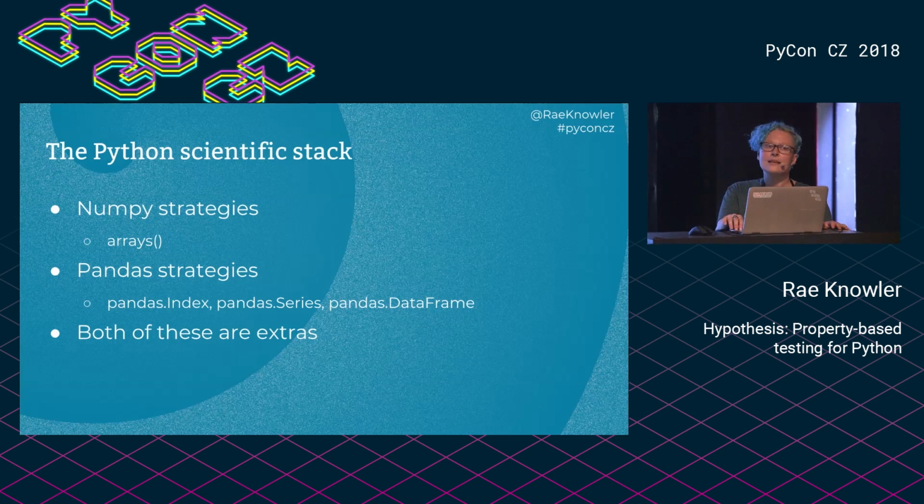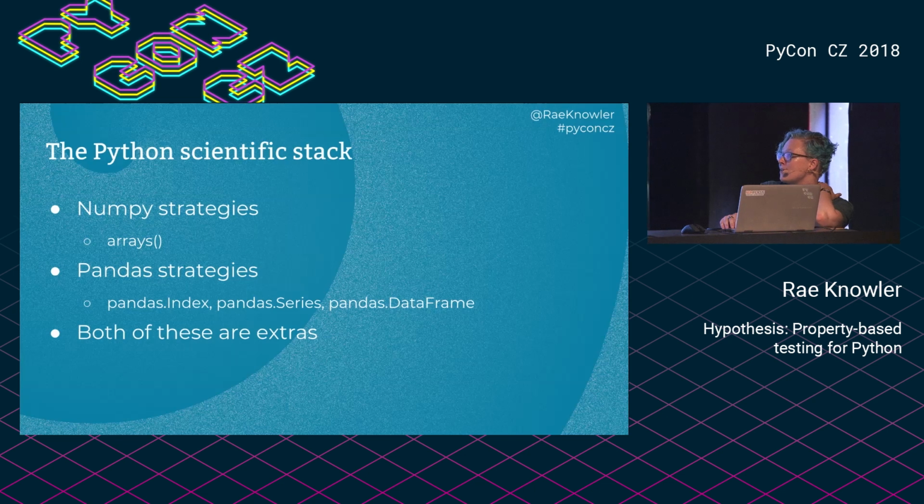There's especially, if you're using Python for science or data science, there are extras for NumPy and for pandas. The NumPy strategy, I've just put arrays there, but if you specify the content and the shape and the d-types that you want it to generate, it will just generate arbitrary arrays with those.